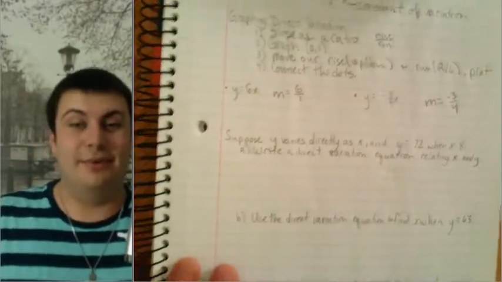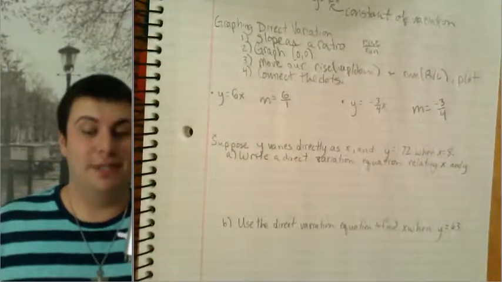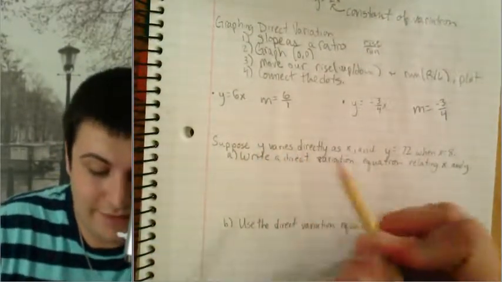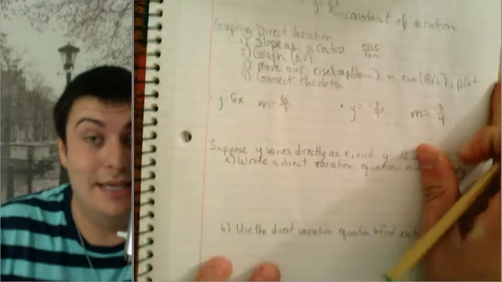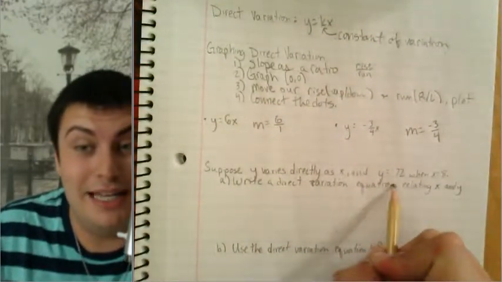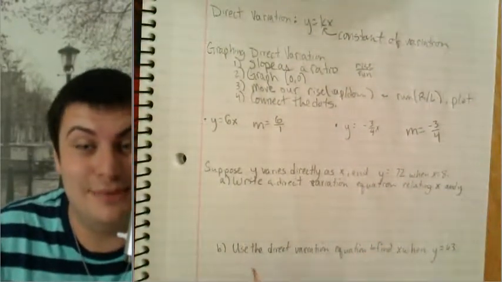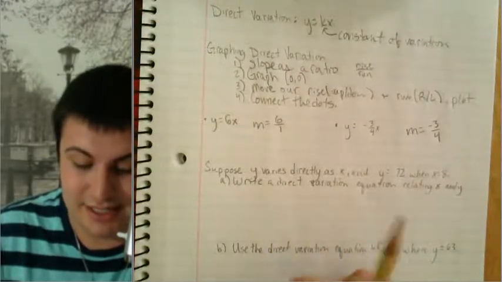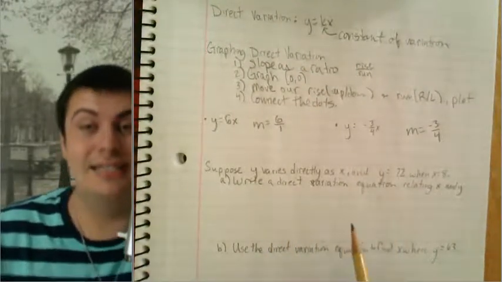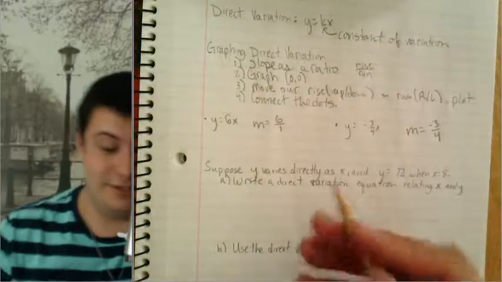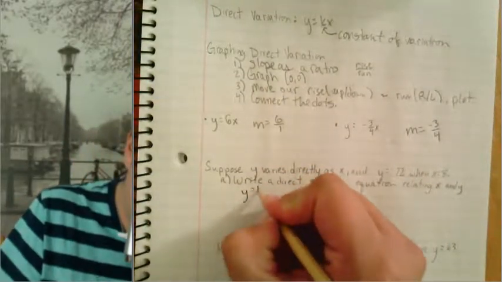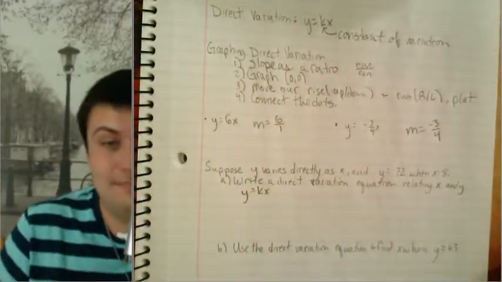Now, the other thing that we're going to do with direct variations is solve equations with them. So suppose y varies directly as x, and y equals 72 when x equals 8. We're going to write a direct variation equation relating x and y. If I'm thinking of direct variation, I'm thinking y equals kx.